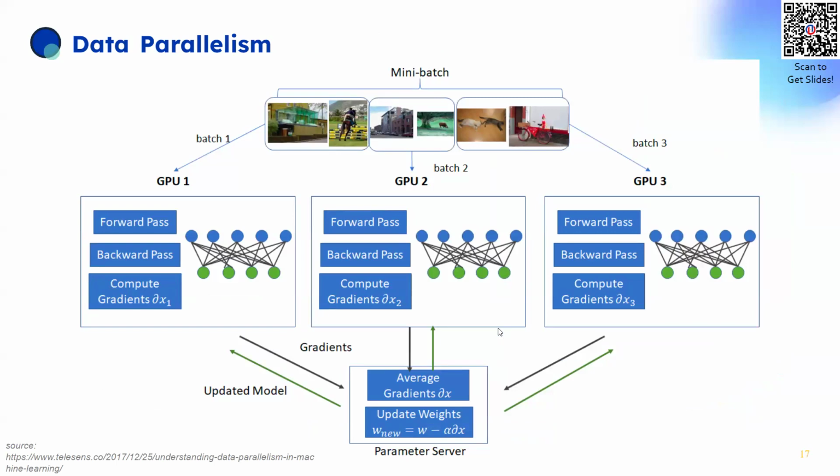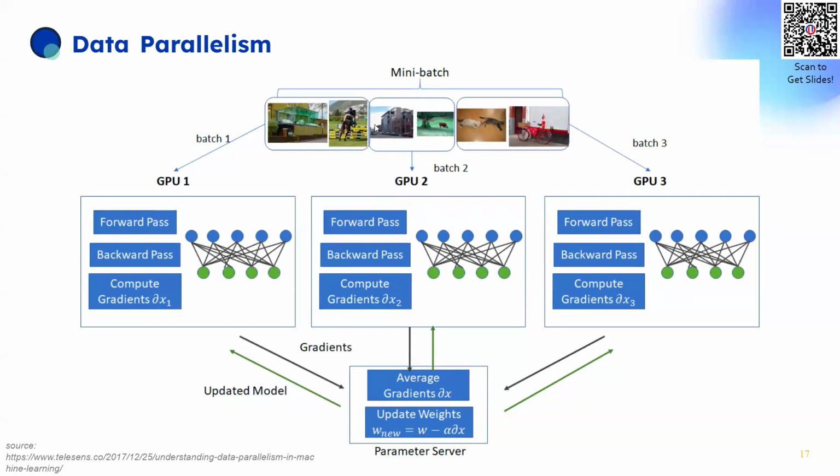The idea of data parallelism, I think, is very easy to understand. We have a bunch of data. Assume here it's just 6. We have 6 data samples and 3 servers or 3 machines.